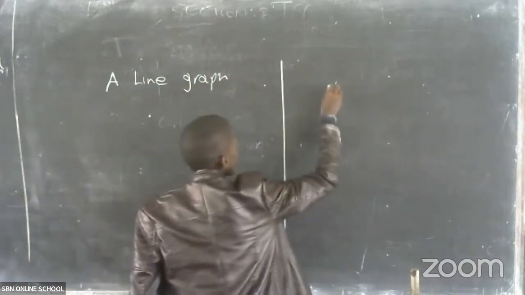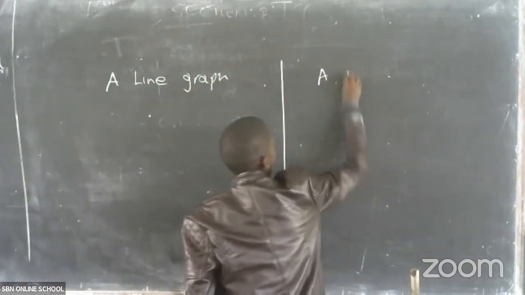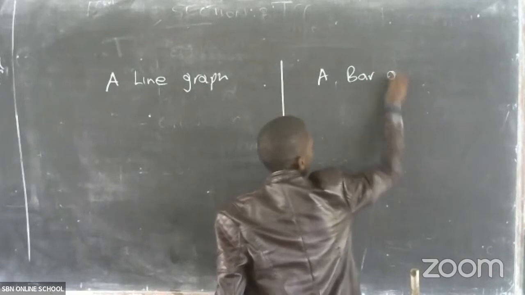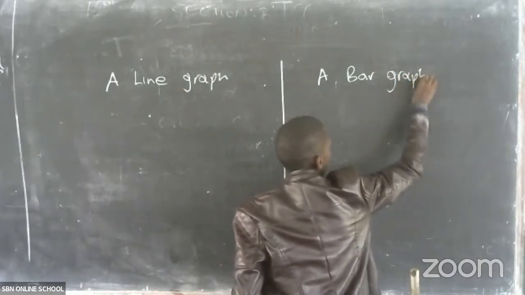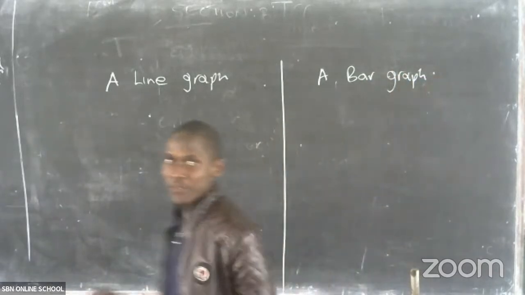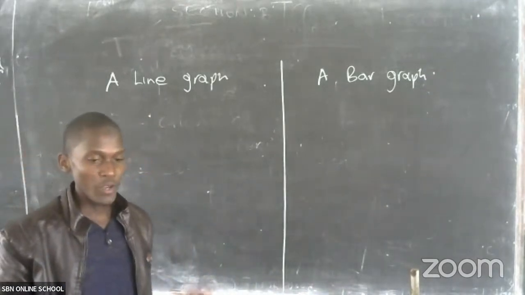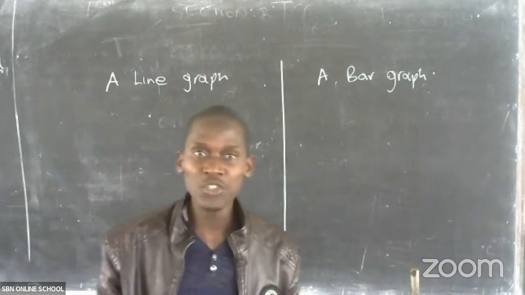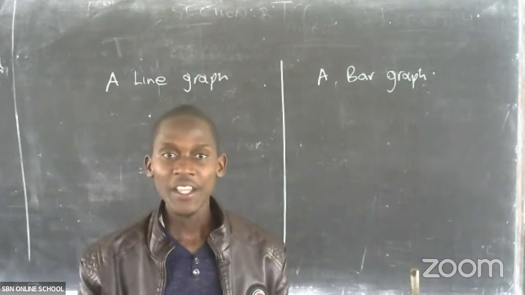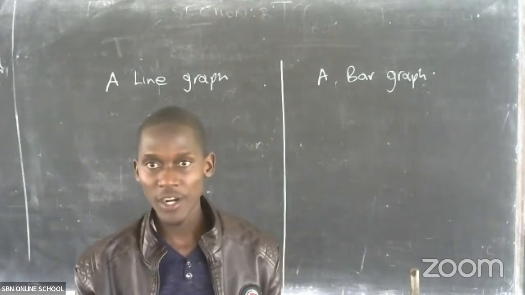Here, we are going to take a bar graph. And we are going to just see the difference. Now, all of us agreed that when they are constructing a house, they always start from the ground.